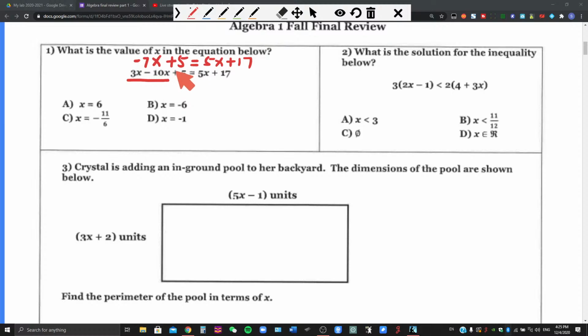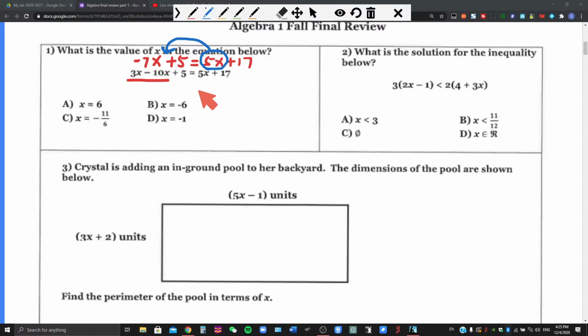Now, second step, to solve this, we want to separate the terms with x and the pure numbers. So we will try to move this 5x to the other side. Remember, when we move it, it has to flip. It has to become negative 5x.